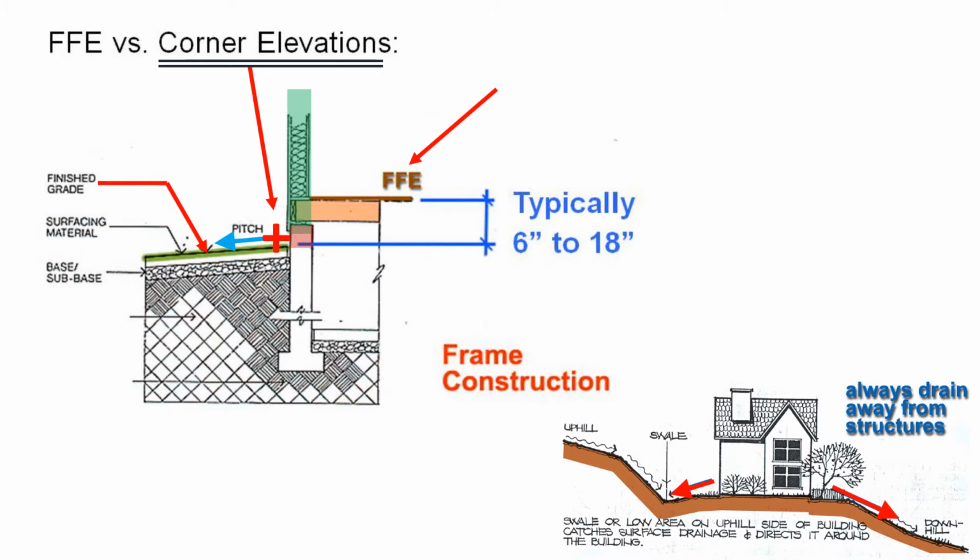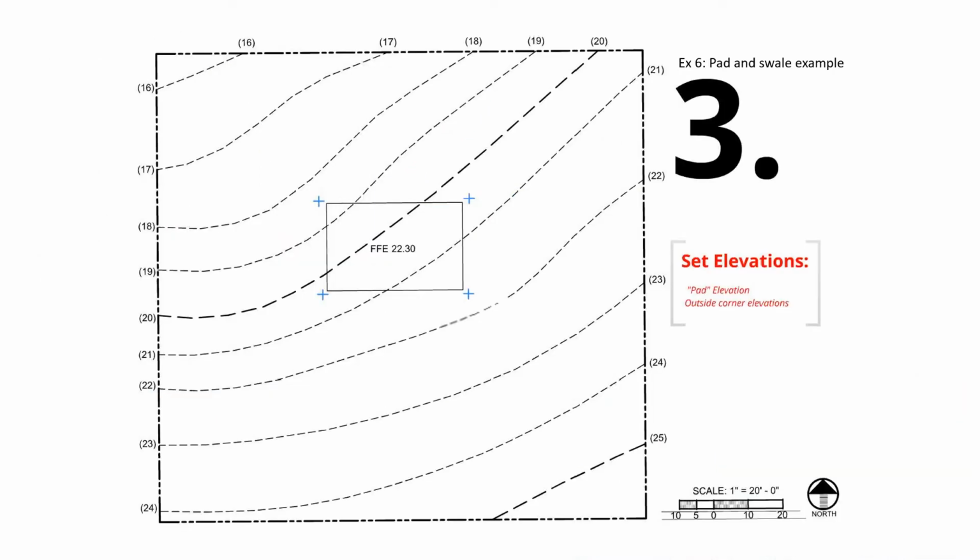Okay? So, to summarize the slide, two elevations are important: FFE and the exterior corner elevation. FFE should be 6 to 18 inches higher than the corner elevation for wood framed building. Okay? Now, with the 6 to 18 inches rule, we set the corner elevations for the pad.